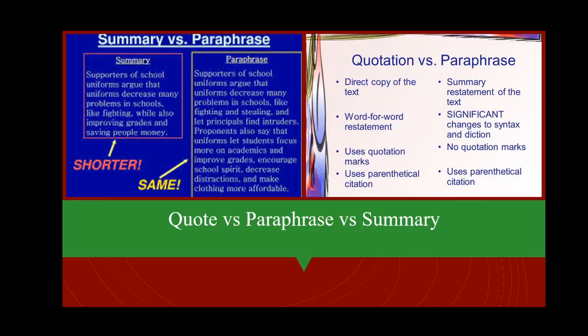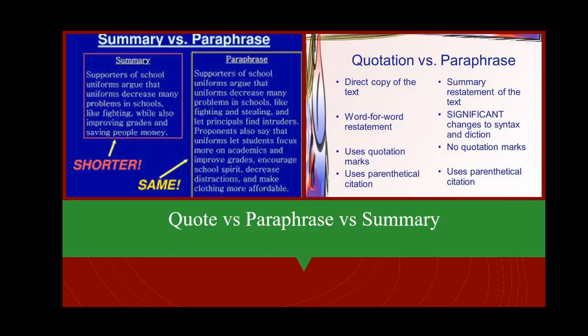So, if you're going to quote Martin Luther King, I had a dream, you put that in quotation marks. And at the bottom, you put your quotation, Martin Luther King, in his speech address in the Million Man March in Washington, D.C. If you paraphrase it, you're going to write a statement about that quotation.